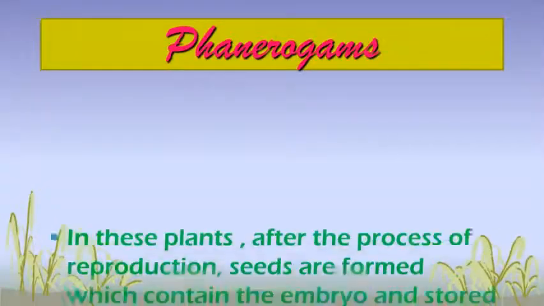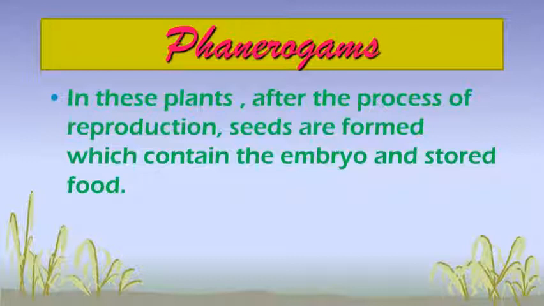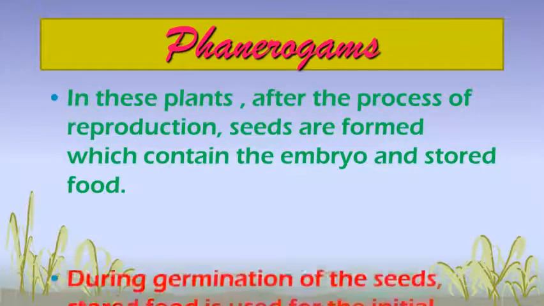In phanerogams, after the process of reproduction, seeds are formed which contain the embryo and stored food. Embryo means a little plant. We can say it is a seed, not a plant, and stored food.